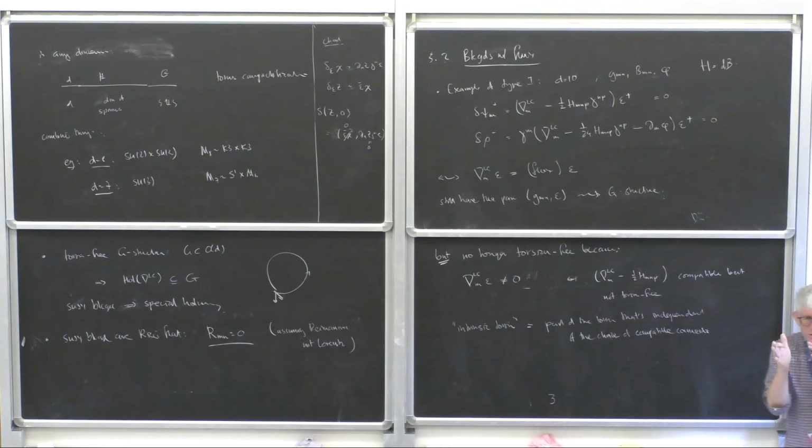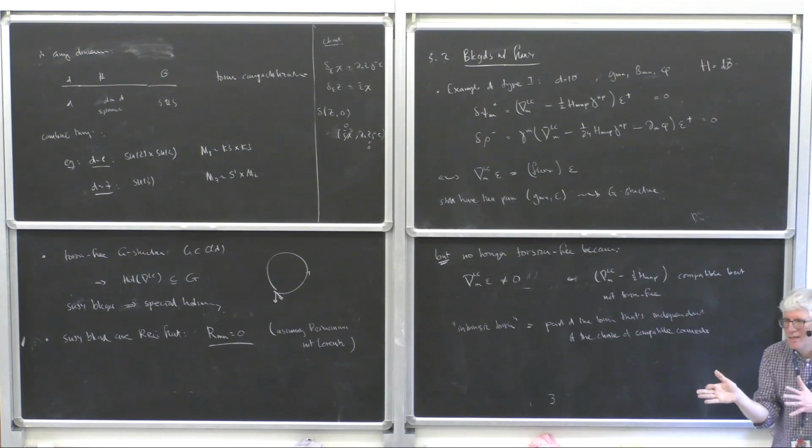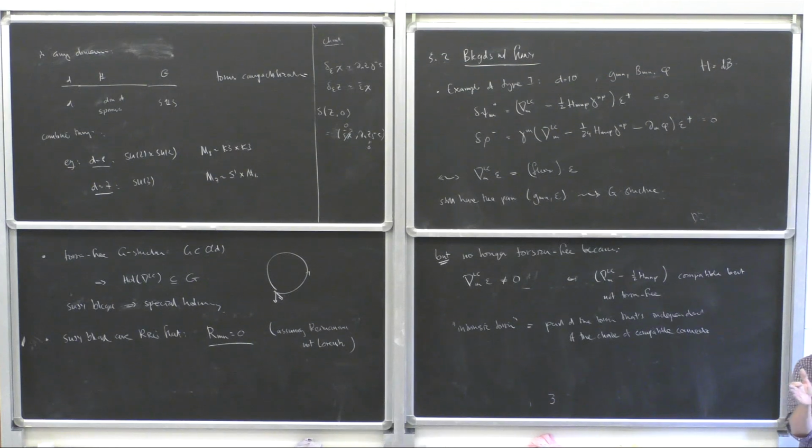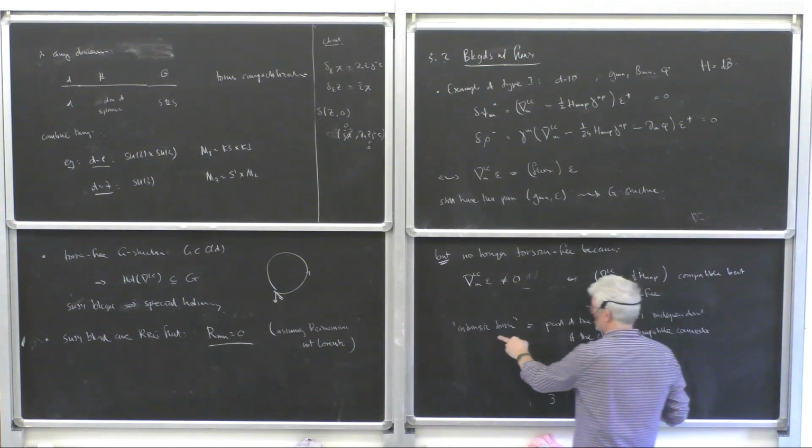So think of choosing all the compatible connections you can. For a torsion-free structure, you have to find one that has vanishing torsion. In general, as you move over all the possible connections, you change the torsion, but there might be a bit of the torsion you can't get rid of, whatever connection you choose. That's called the intrinsic torsion.